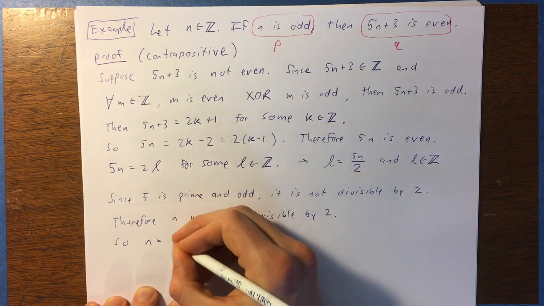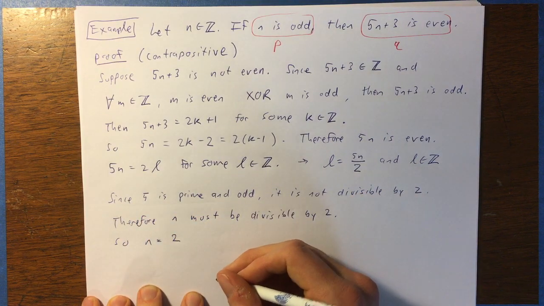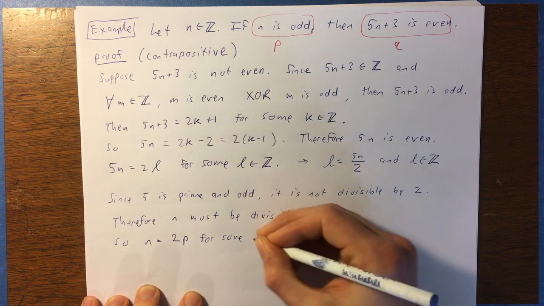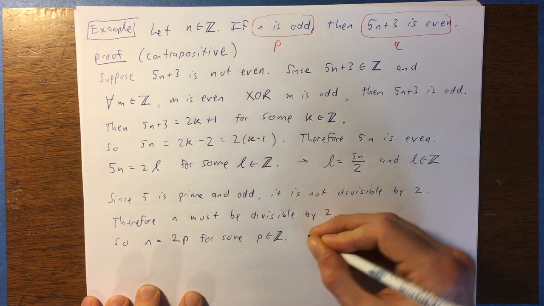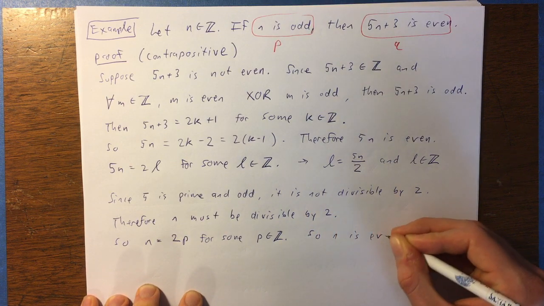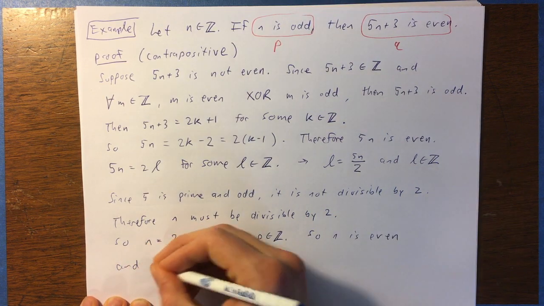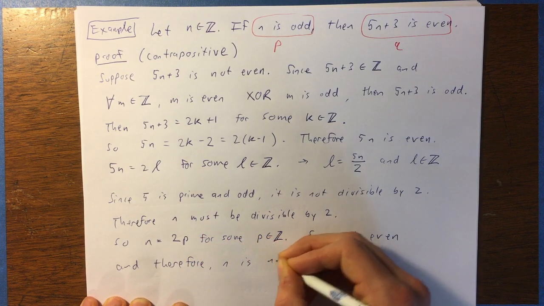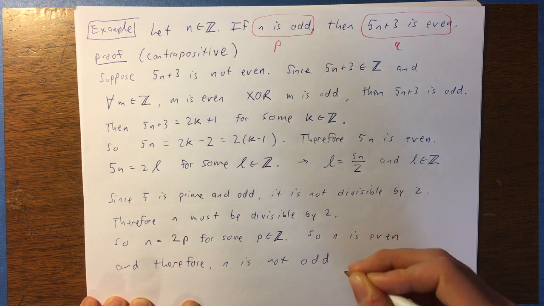So n equals 2 times some number. Let's say n equals 2 times p, for some integer p. So n is even. And therefore, if n is even, n is not odd.